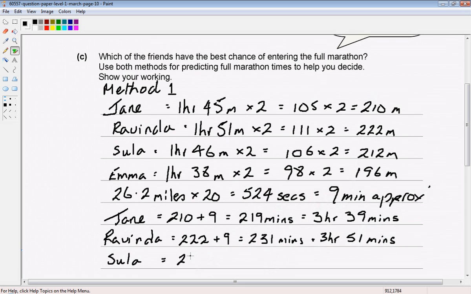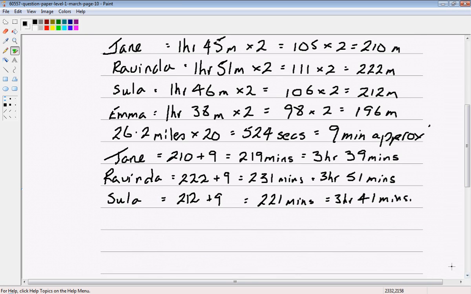Now we have Sula, and she has 212 minutes again, plus the 9 minutes, and this will give us 221 minutes. Again, it's less than 4 hours, so it would be 3 hours and 41 minutes.